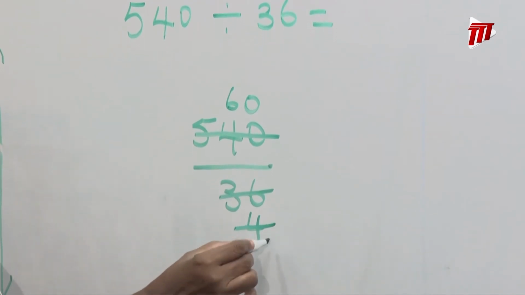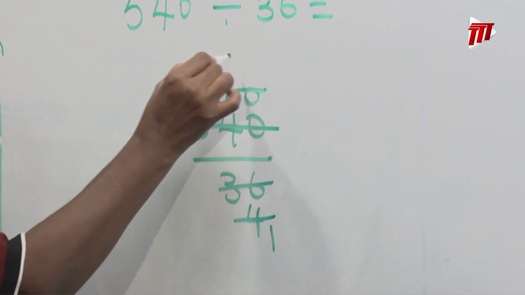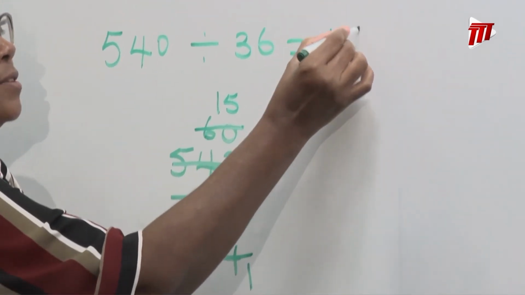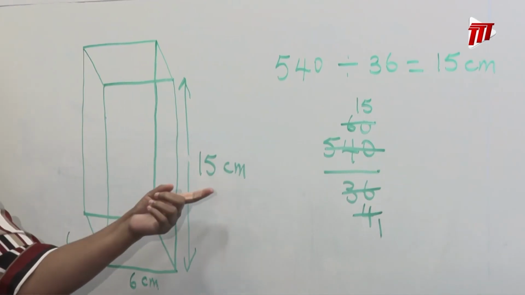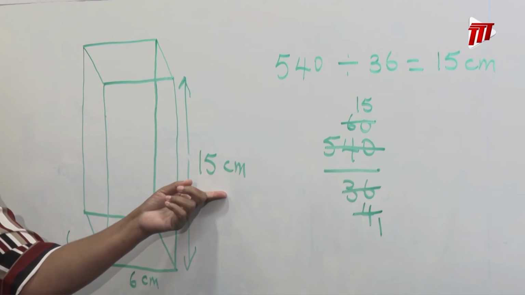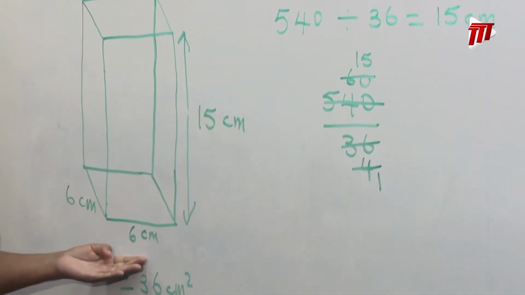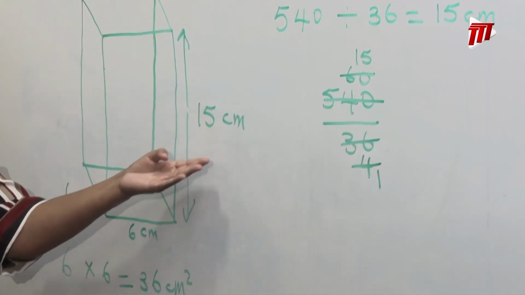So 4 divided by 4 is 1, and 60 divided by 4 is 15. So our height is 15 centimeters. So in order to find the height of a cuboid, when you have the area of the base, you just divide the volume by the area.